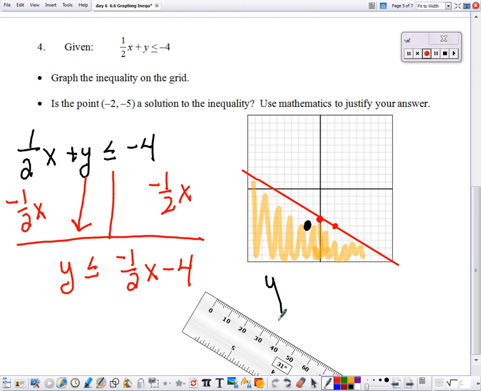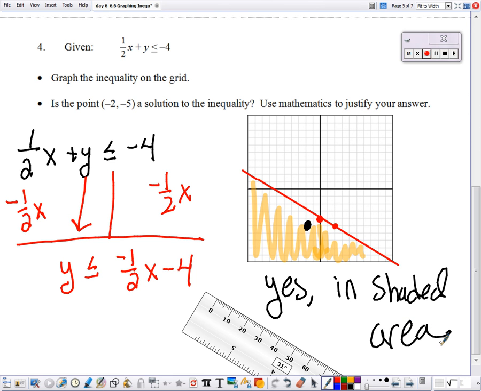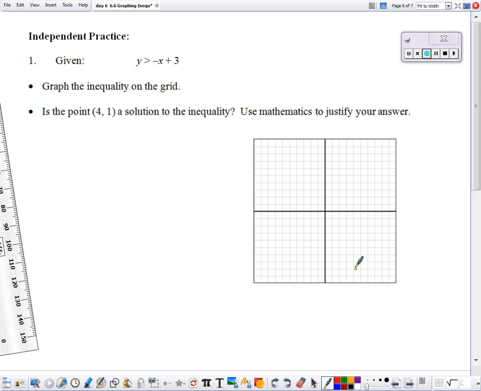It is a solution. It's in the shaded area. Now your job for the remainder of class is to finish this packet. You have a few more problems to graph yourself and check to see if the point's a solution.